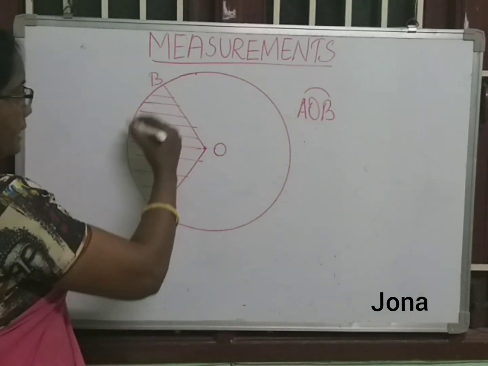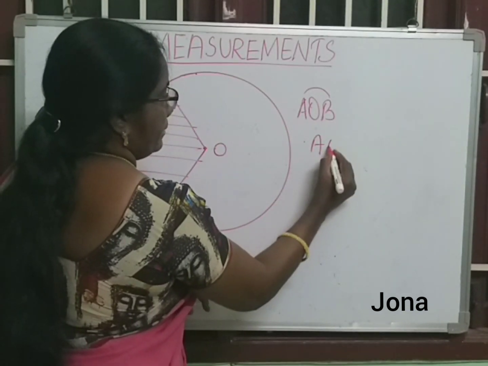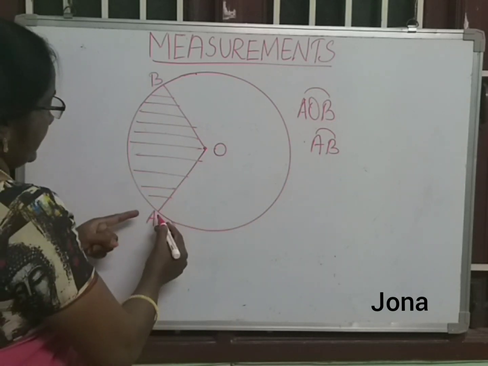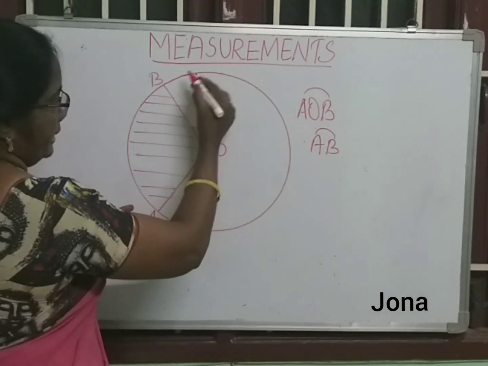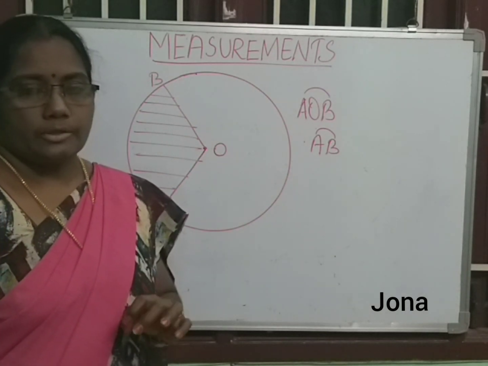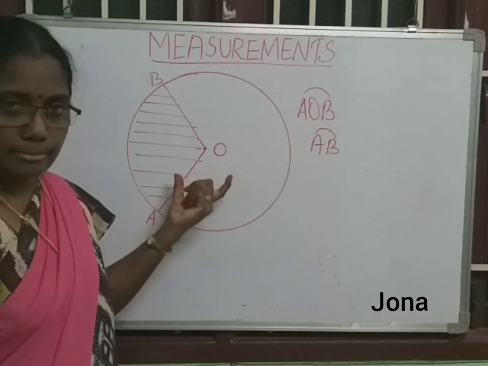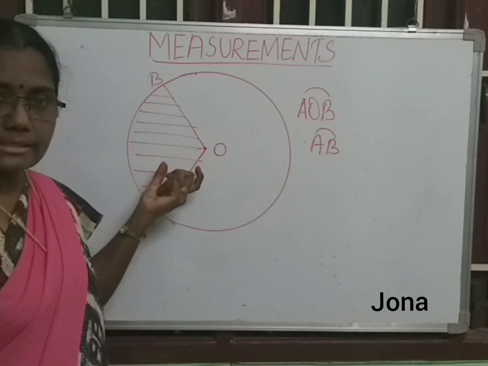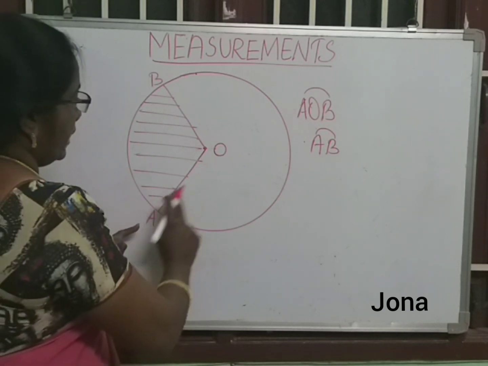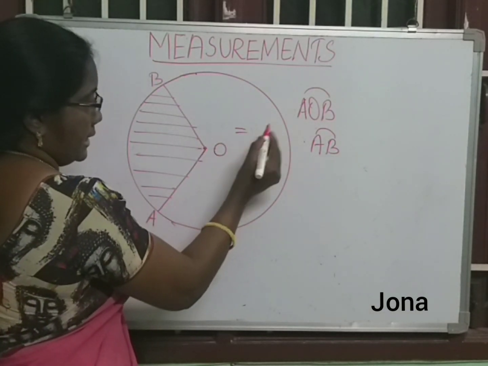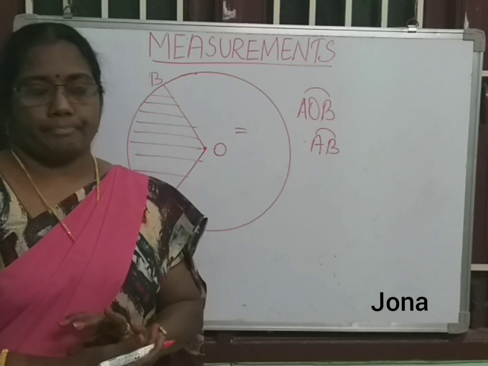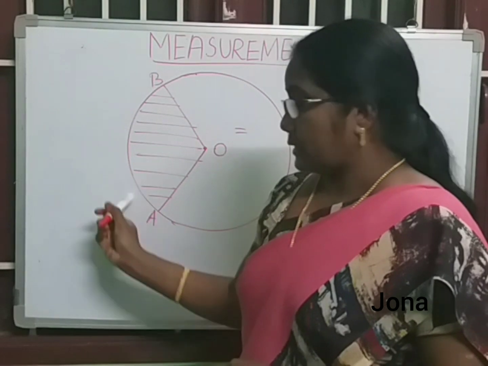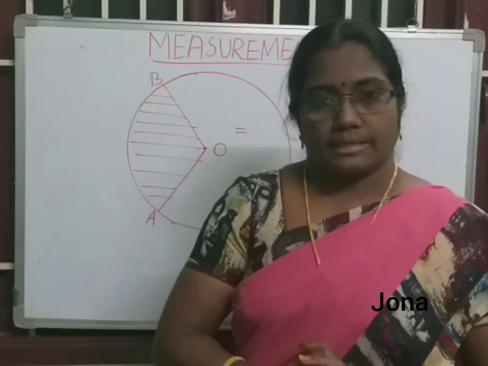At the same time, I can say this AB is an arc, a small arc, and here this AB is the bigger arc. So I have two sectors here. I can say this AOB is the smaller sector, and this AOB is the bigger sector. I can find out the length of the sector and the area of the sector.